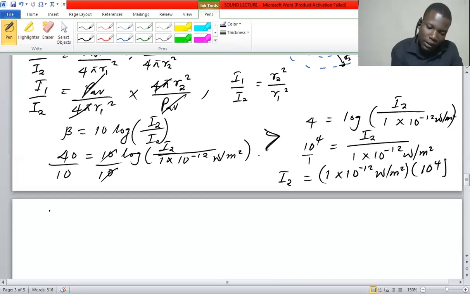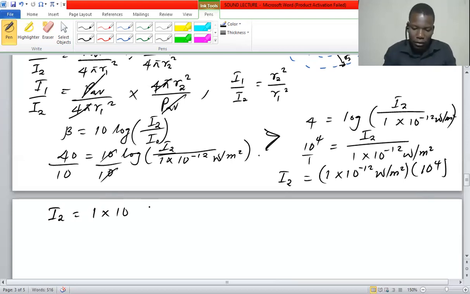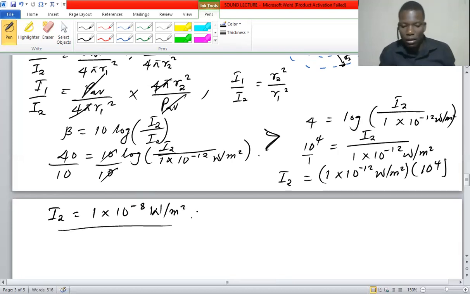So our second intensity is going to be 1 times 10, and there you can just add the powers, and then we're going to have 10 to the power -8 watts per square meter. So this is the intensity at that distance that we're looking for.